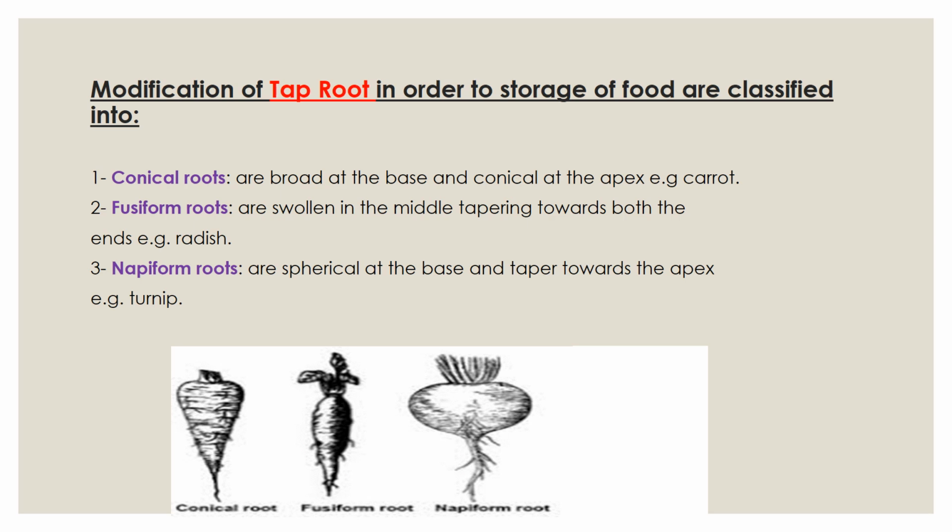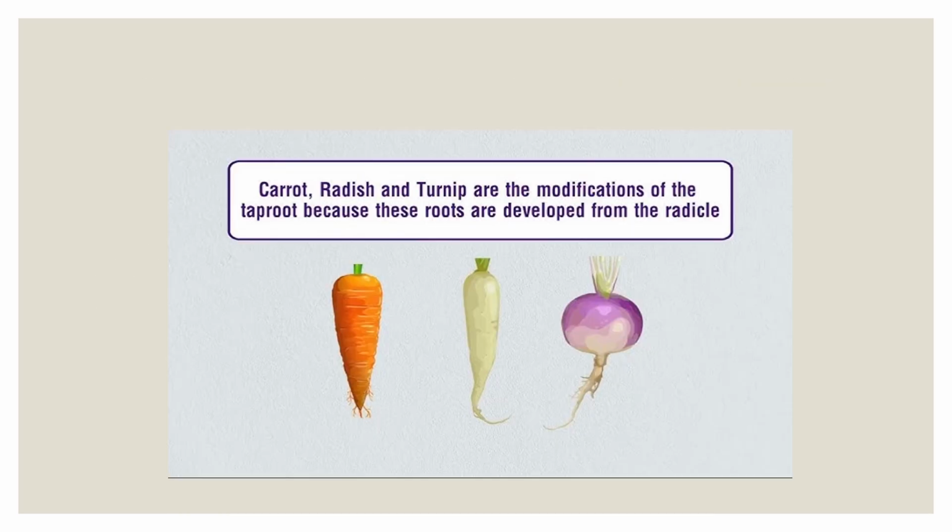Okay, these are the three taproot modification types in order to store food. This picture also shows the three types of taproot. They are taproots because they develop from the radicle, as we know.